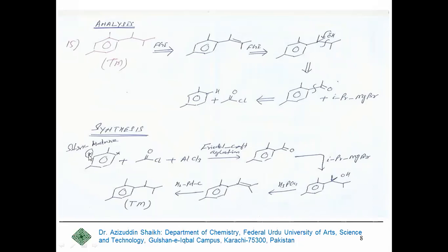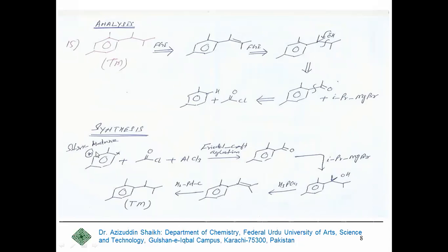This position is active, and this position is also active, because methyls are ortho-para directing groups. So this is the para position with respect to this methyl and the ortho position with respect to this methyl.